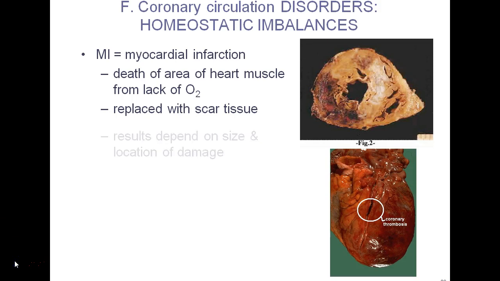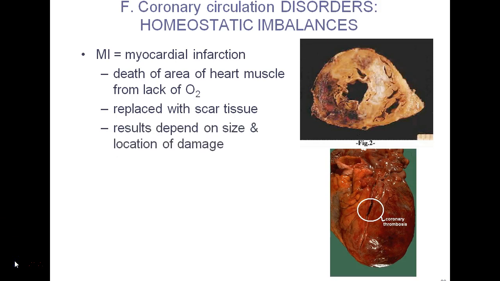This is a potentially lethal condition resulting from a sudden or complete occlusion of a coronary artery, in other words, blockage. What happens then is this: because there's a blockage of the blood vessel, a region of the myocardium becomes deprived of oxygen, and some of this tissue may die, and hence it could be replaced with scar tissue.